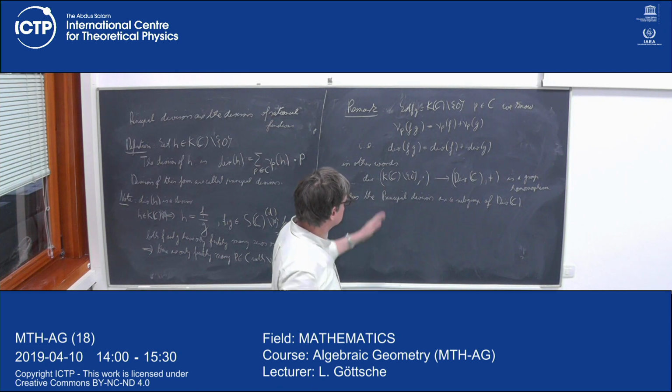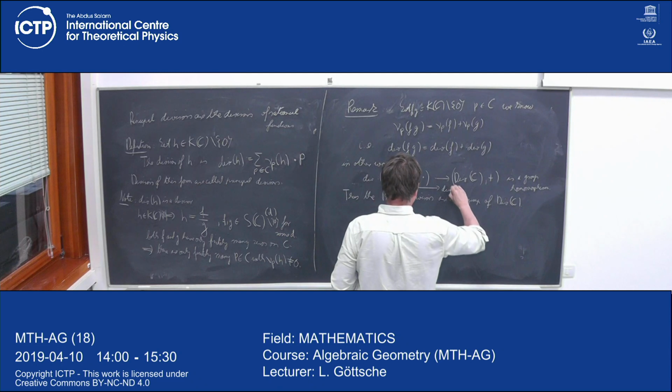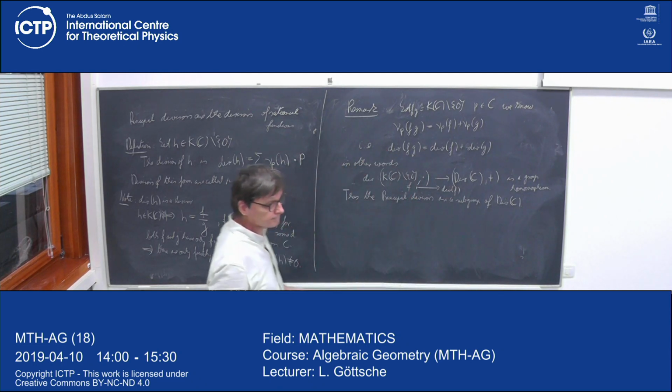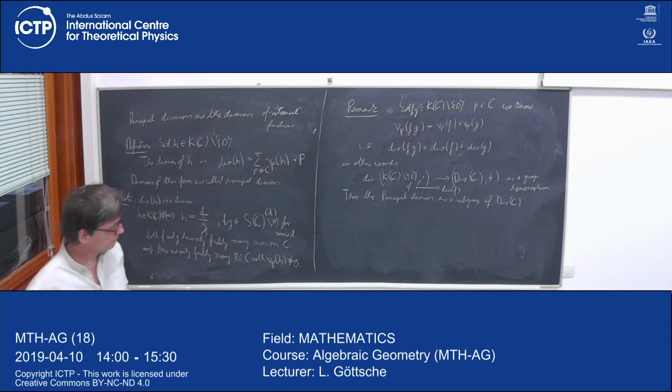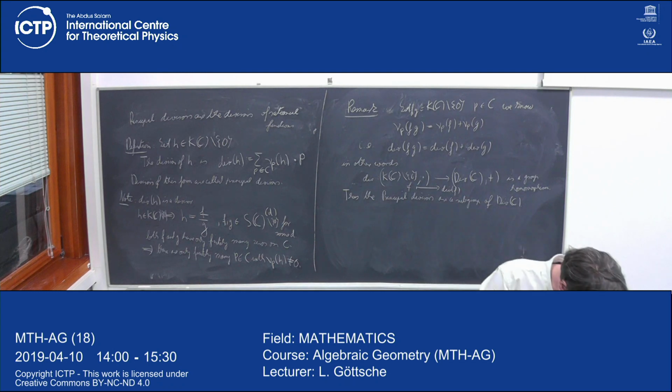I hope you understand. Here we send F to the divisor of F, and then this statement says it's a group homomorphism.